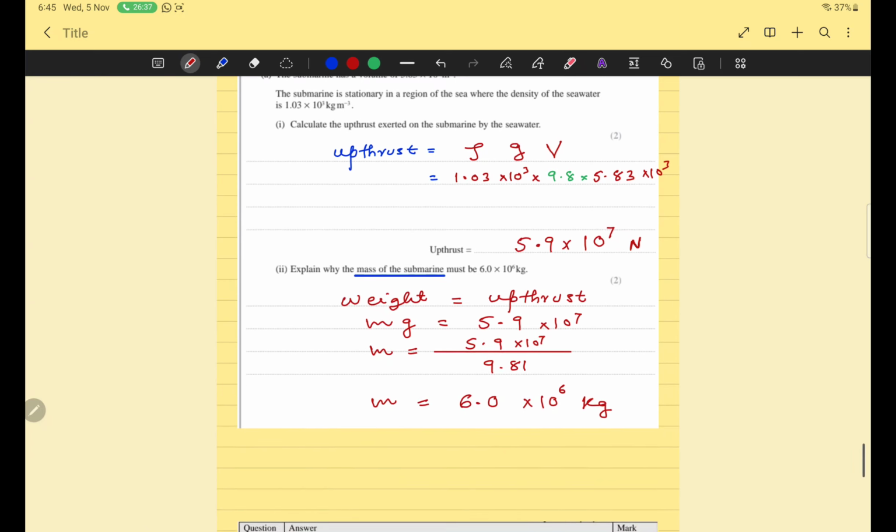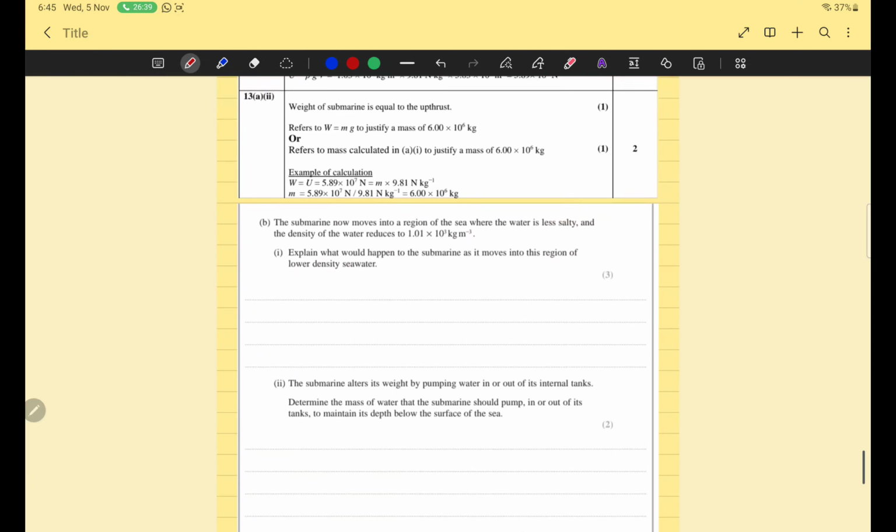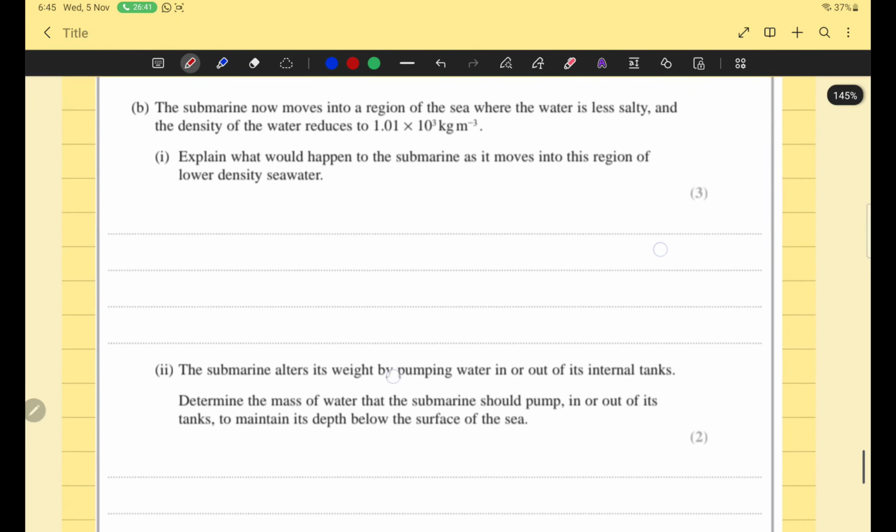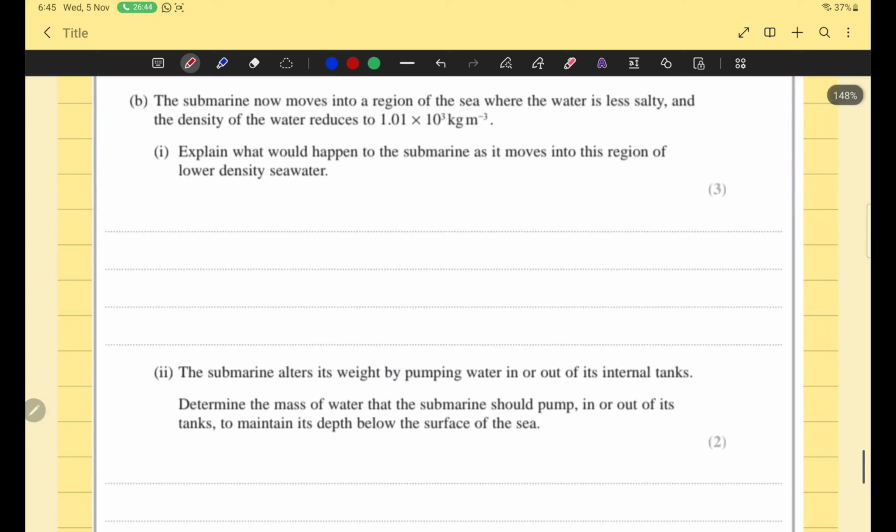And now the next part is the submarine now moves into a region of sea where the water is less salty. If the saltiness of water decreased, it means the density of water reduced. Consider this submarine.